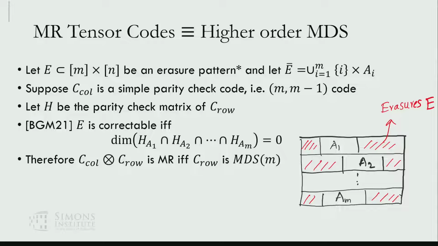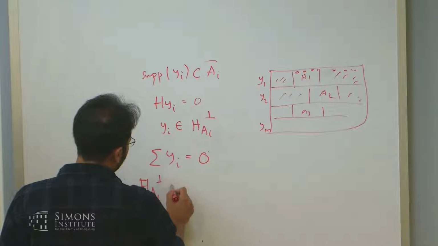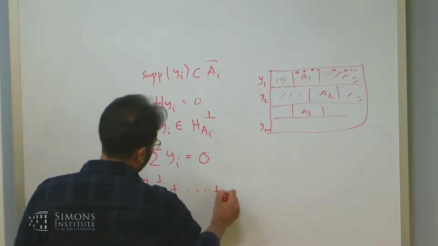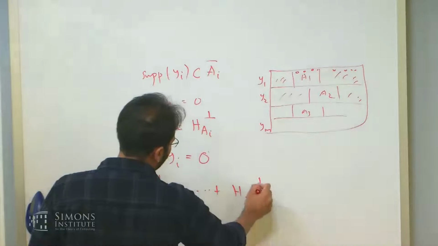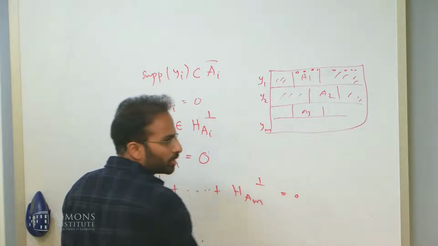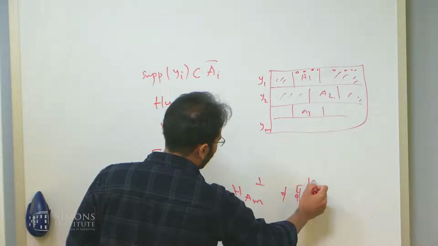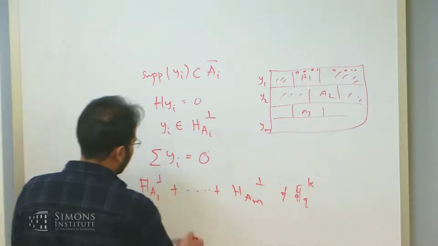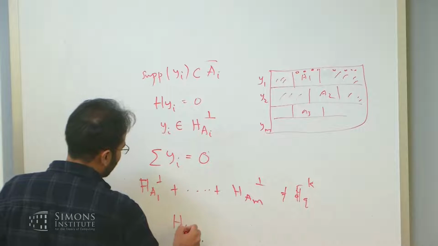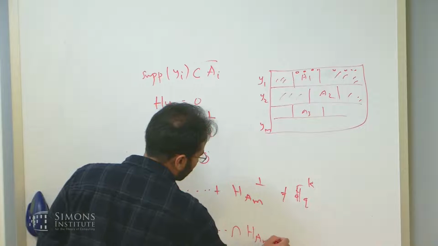And the sum of the YI's is 0 because I have a column check as well. What that means is I have vectors inside HA1 perp, and so on up to HAM perp, which sum to 0, which means they don't make the whole space, F_q^k, whatever. Which means if I take the dual of this, the intersection is non-zero.